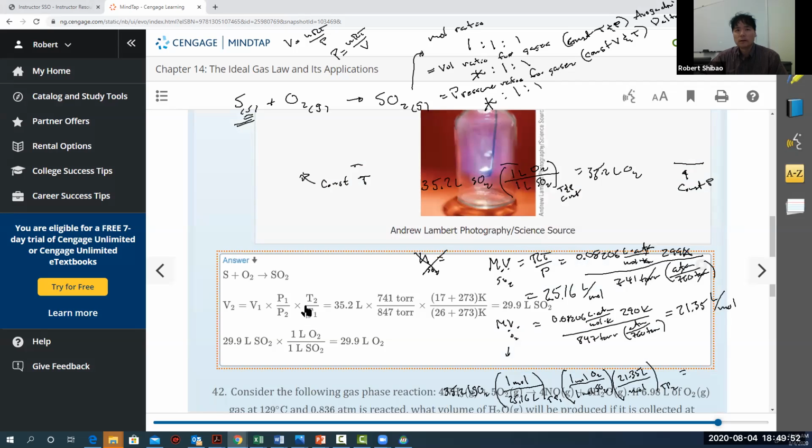All right. They're using the combined gas law because I don't like this. Let me tell you why I don't like it.